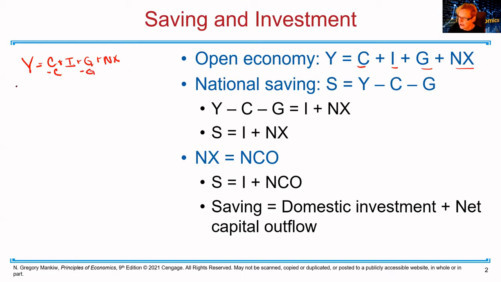And we said that national savings, which is GDP minus consumption minus government expenditures, is equal to investment. Now notice that because we've opened this economy back up, we have this NX, so plus net exports. So you can look at it there. So remember that this was equal to national savings, which we called S.